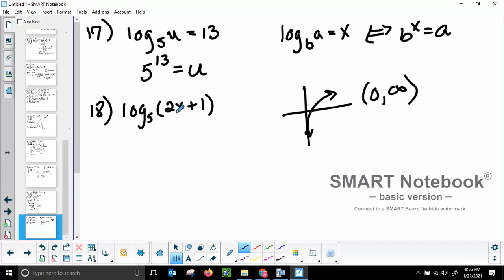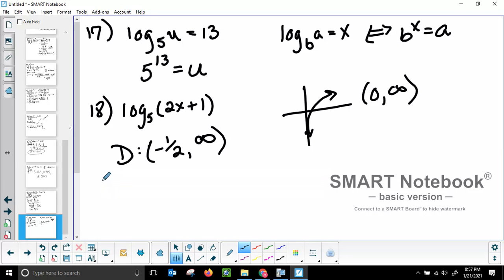First, we have a horizontal shrink by 2, which is taking it by a half, and then it's moving it to the left 1. This horizontal shrink is actually going to change how far it goes to the left. So instead of going to the left 1, we only go to the left 1/2. So the domain here is going to be from negative 1/2 to infinity.